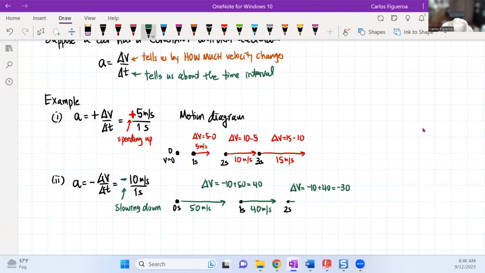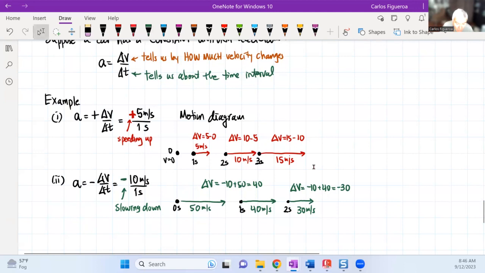So then my arrow is now smaller, because it's looking something like this here. So you're seeing that my accelerations are changing my velocity by the same amount every single time. That's why we call these positive and negative acceleration.